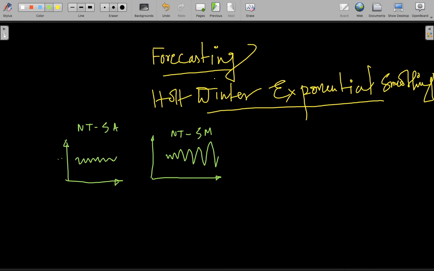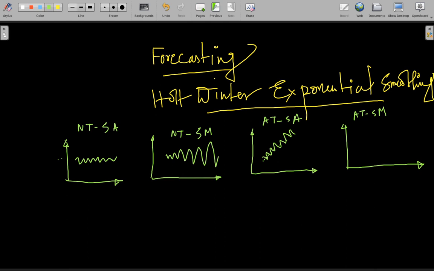Then another case could be an additive trend with additive seasonality. If you have an additive trend like this and additive seasonality like this, the plot would look like this. Then we can have an additive trend and multiplicative seasonality, which will look something like this.